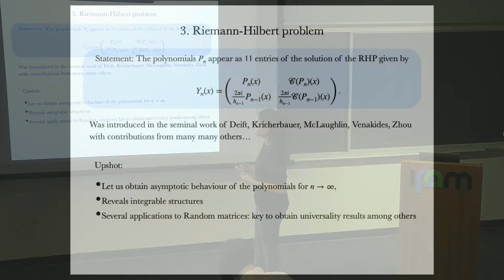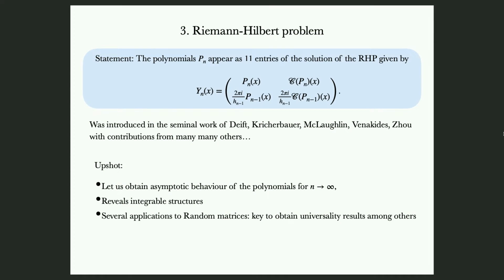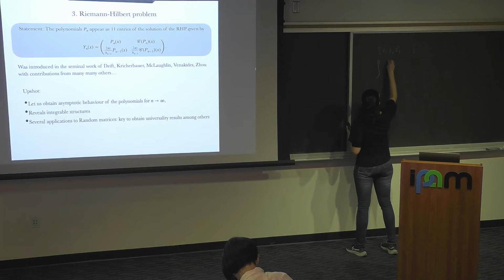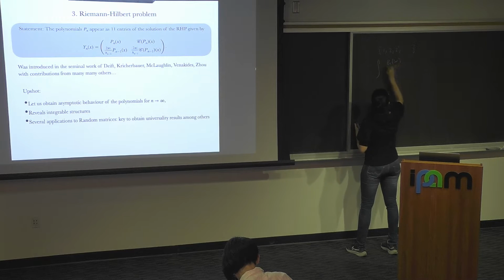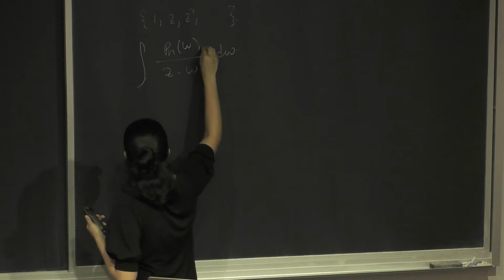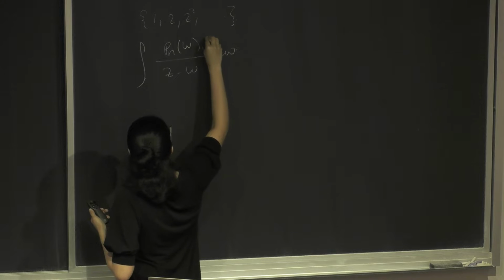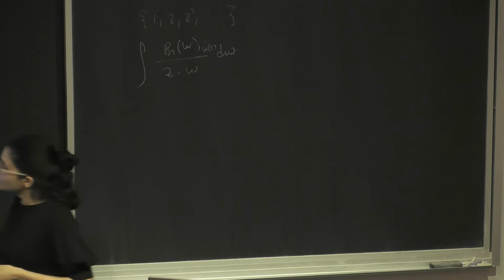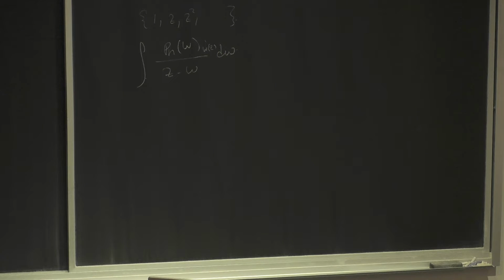That's one of the applications. Oh, that's the Cauchy kernel. So it's a Cauchy transform of the polynomial. I think there is a weight here. Yeah, so that's the Cauchy transform.